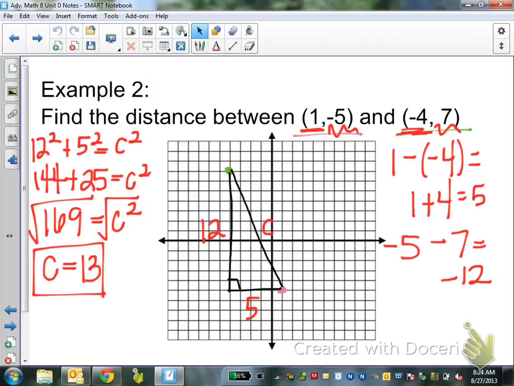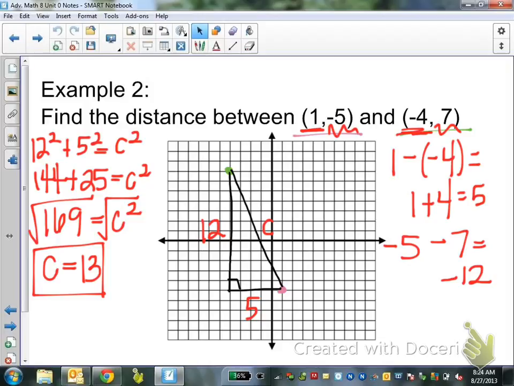So if we subtract the x's and subtract the y's, that's going to give us our lengths, right? Yes, you guys agree? That's the distance formula. Basically it's the Pythagorean theorem. We subtracted the x's, and then we squared it here, 5 squared. And then we subtracted the y's, and we squared it. And then after we added them together, what do we have to do? Take the square root.